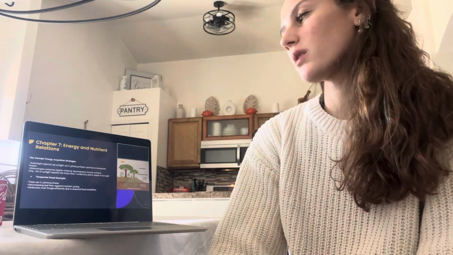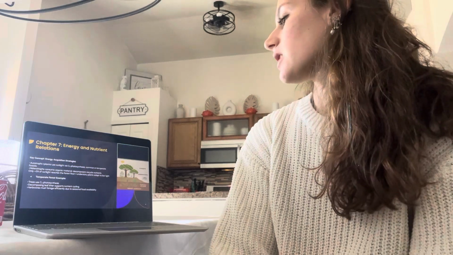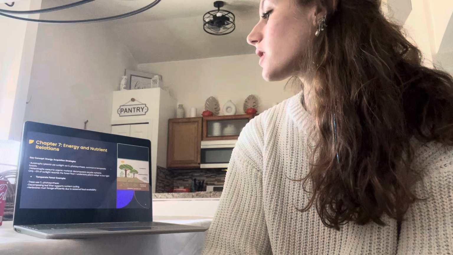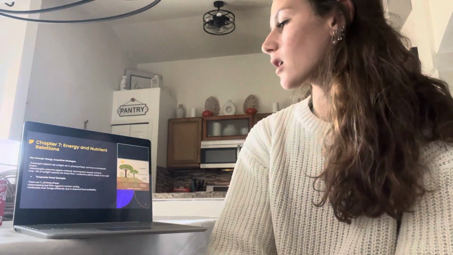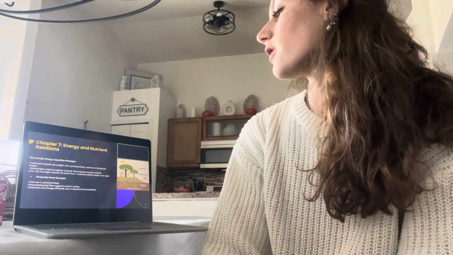Only about 2% of light reaches the forest floor. Understory plants adapt to low light. An example in the temperate forest would be trees using photosynthesis, decomposing leaf litter supporting the nutrient cycle, and herbivores having to forage efficiently due to seasonal food availability.